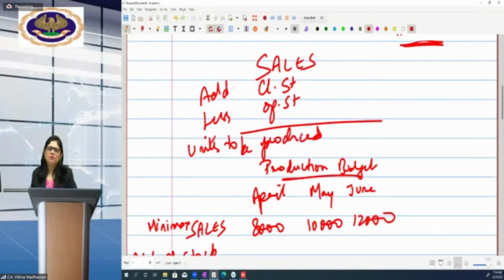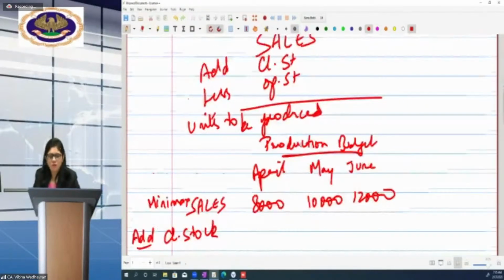We should have the budgeted sales ready. Add the closing stock, which we have estimated to keep at the end of the budgeted period, less the opening stock, which we already have. For the rest of the units, we need fresh production.